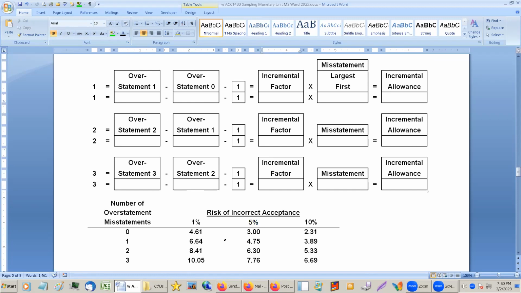And so what we do is we say, there's the overstatement 1 factor minus the overstatement 0 factor, at 5%, sorry.